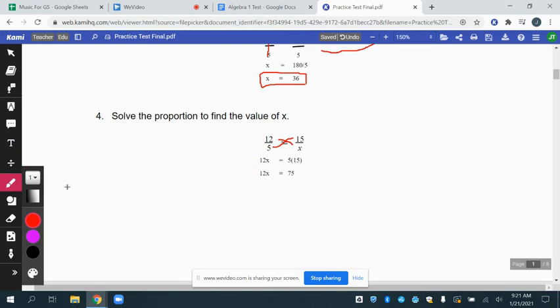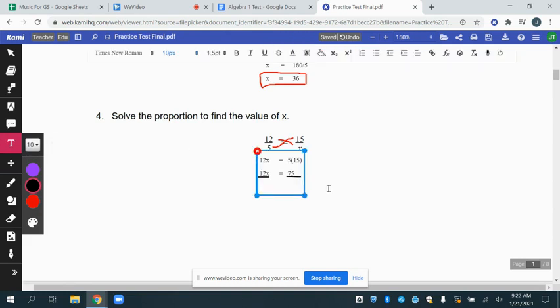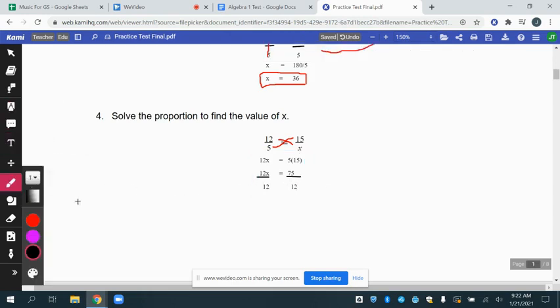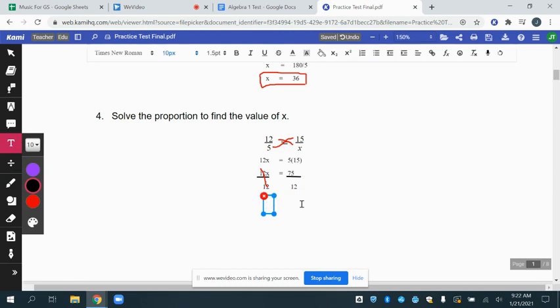So I divide both sides by 12. That side by 12. This side by 12. Back to writing. Enter 12. This crosses out like so, and we get 75 divided by 12.